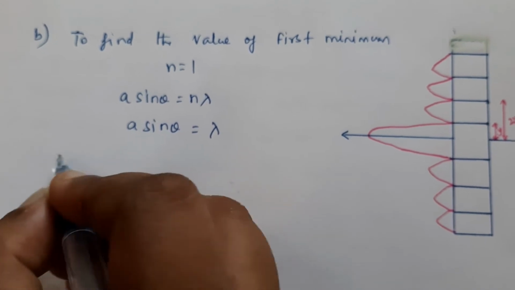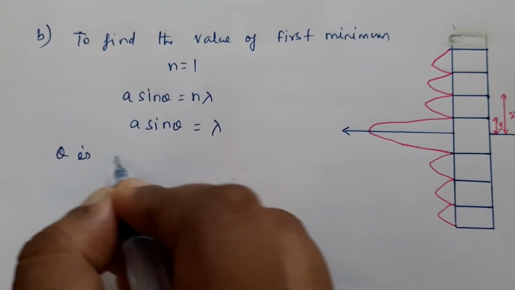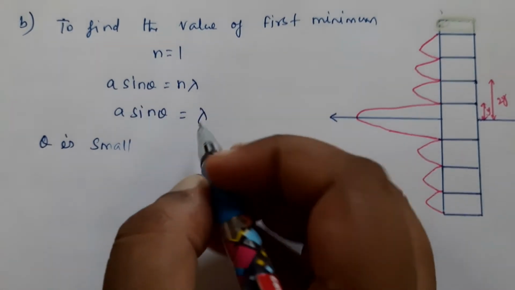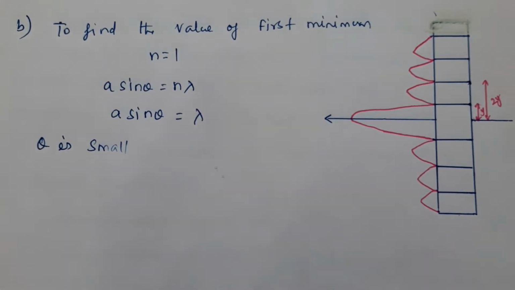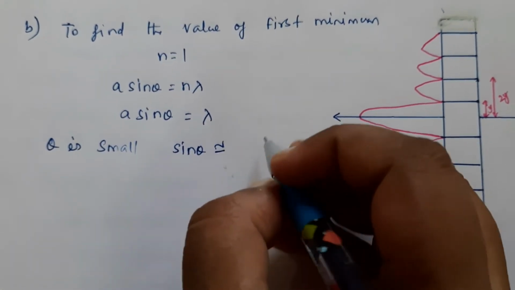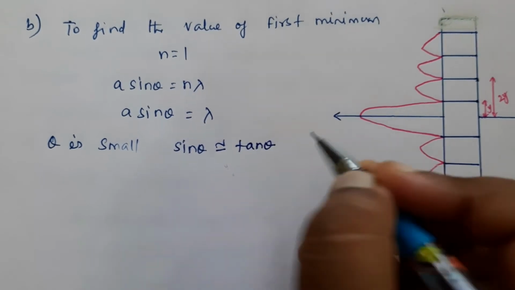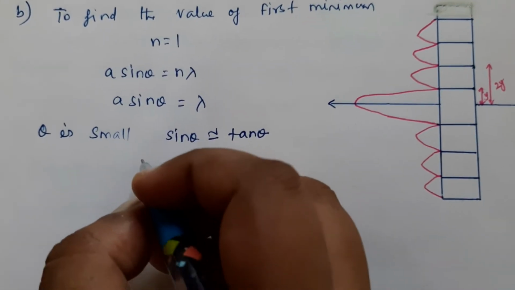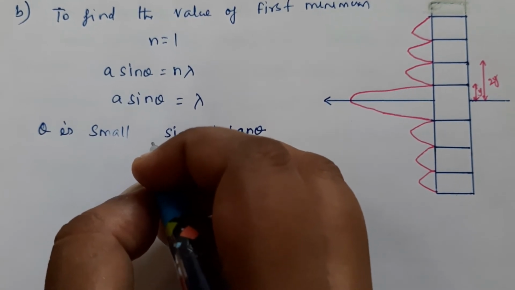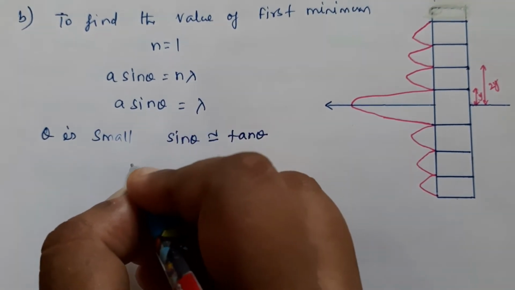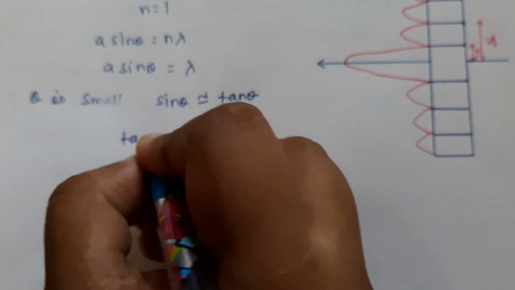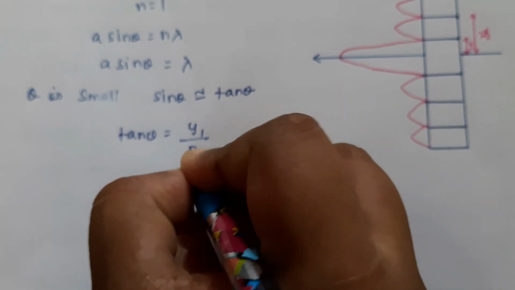Here we take theta as small. When theta is very small, we can approximate sin theta as tan theta. So tan theta is equal to y1 by d.